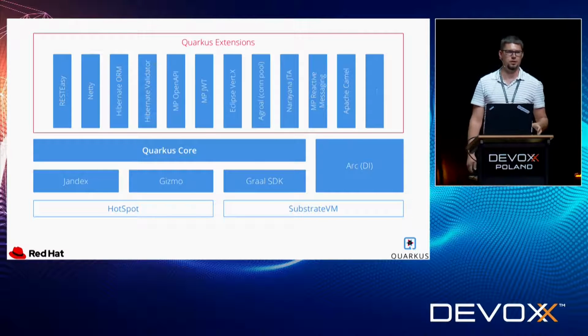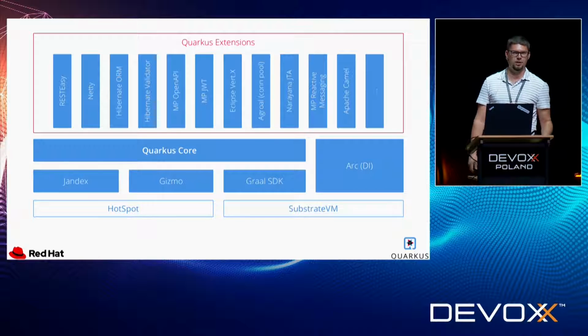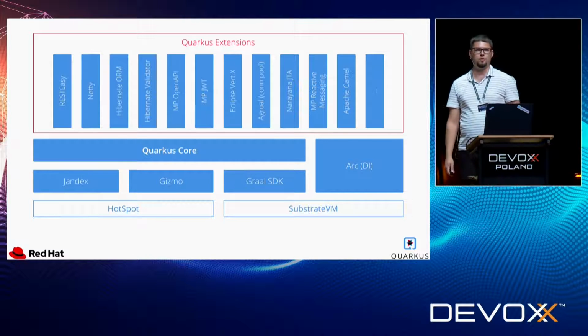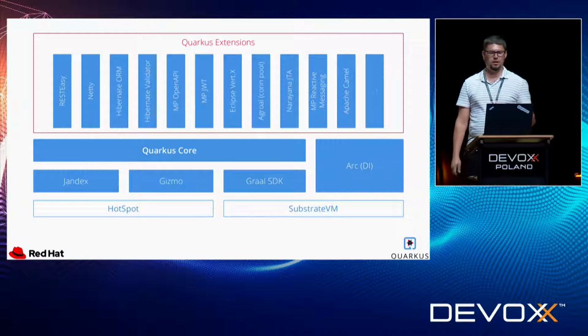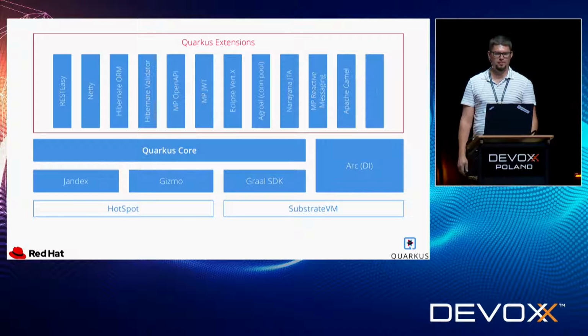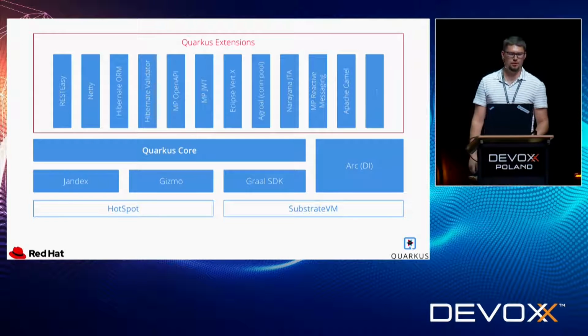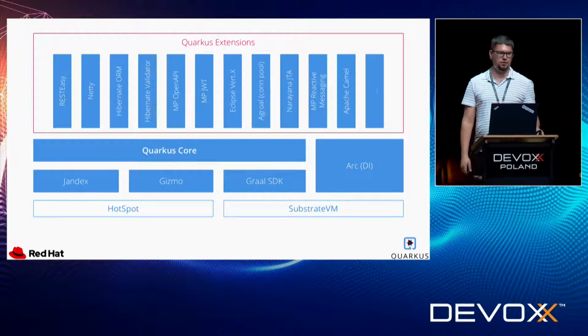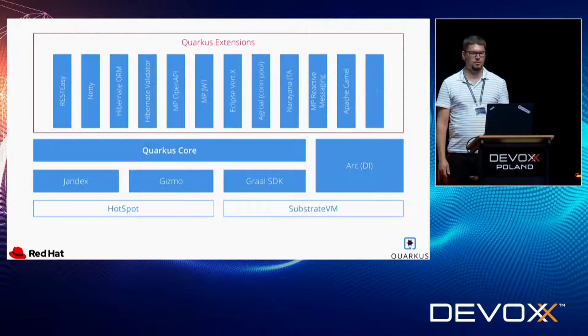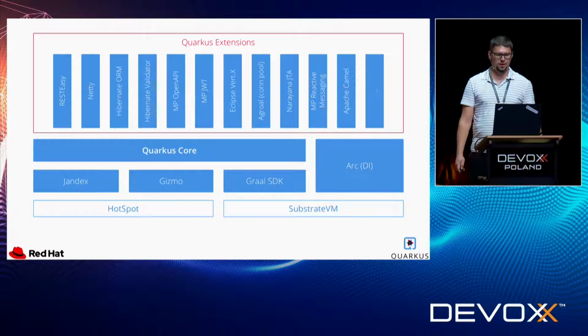Quarkus core in turn uses Jandex for scanning classes, annotations, etc., uses Gizmo for bytecode manipulation, and uses the Graal SDK. There's also Arc, which is an almost CDI implementation that works well in this environment. You can run Quarkus applications on HotSpot, meaning on a normal JVM, or on SubstrateVM in the native mode.